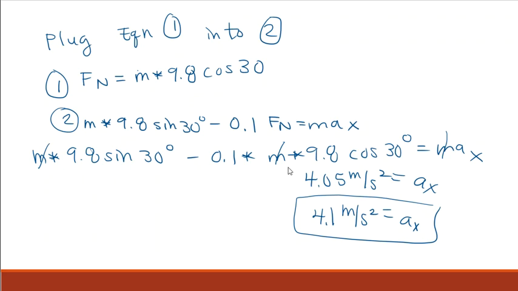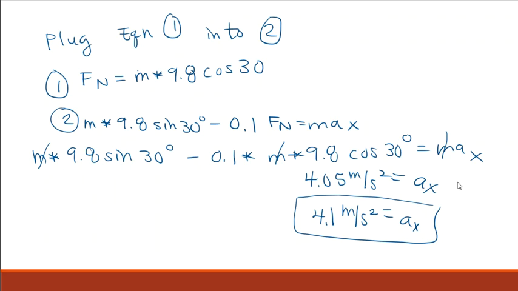We see that all these masses cancel out. So if I don't give you mass, there's a good chance that they cancel out when you plug one equation into the other.